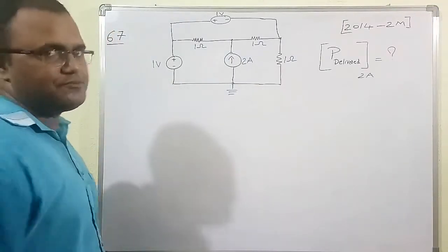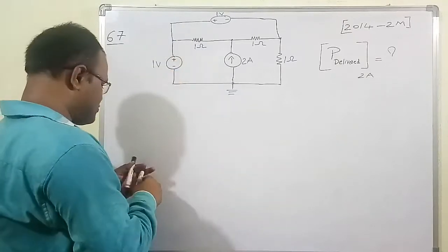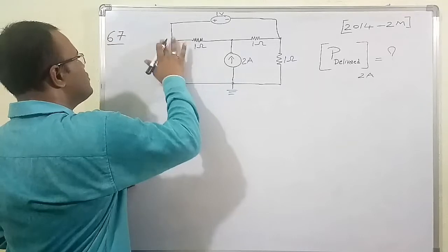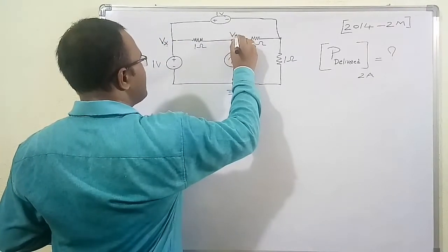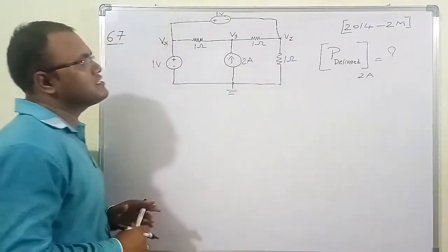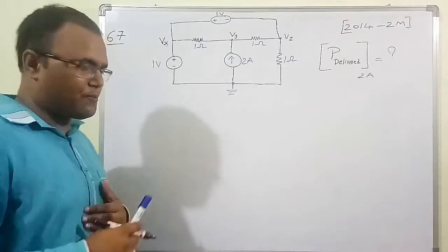We must figure out. If you see carefully, let me assume the node voltage at this point is Vx, and here it is Vy, and here it is Vz. So these are the 3 node voltages which are unknown. We must figure out.